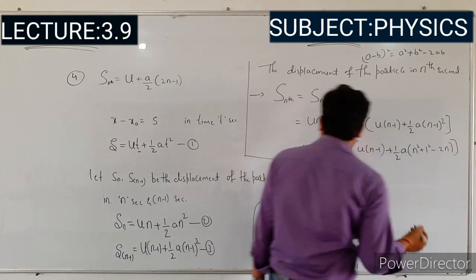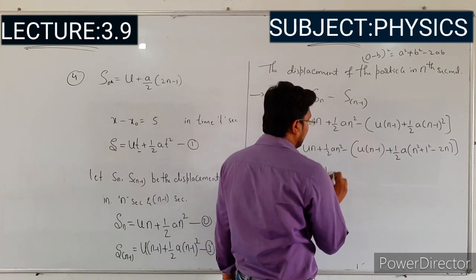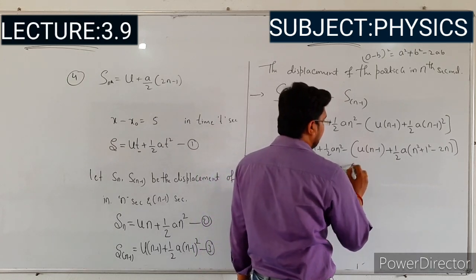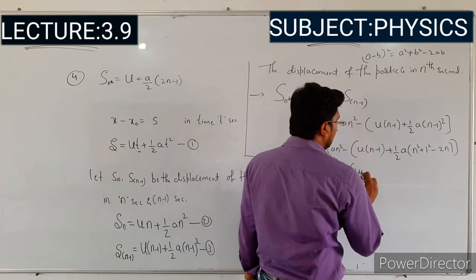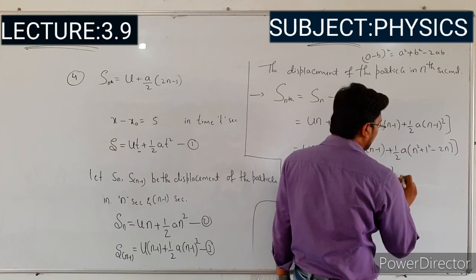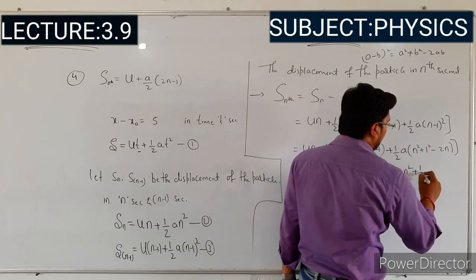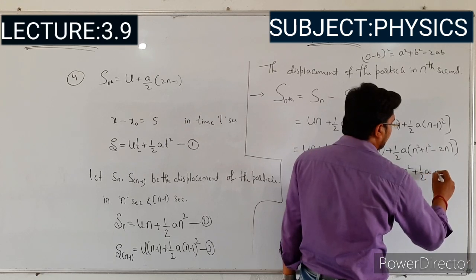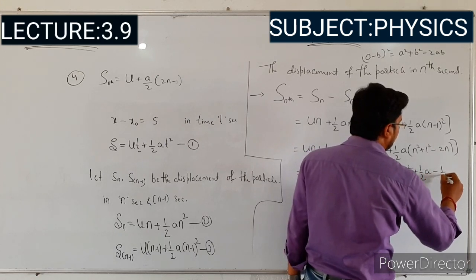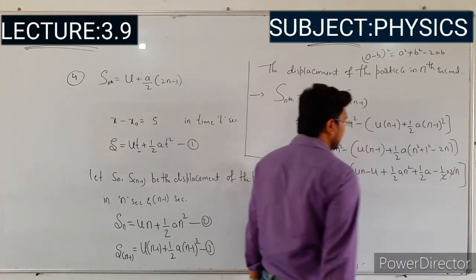Next, this is equal to u into n plus 1 by 2 a into n square minus of, multiplying this out, un minus u plus 1 by 2 a into n square plus 1 by 2 a minus 1 by 2 into 2n. In this case the 2 gets cancelled.